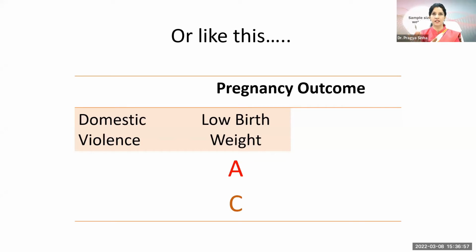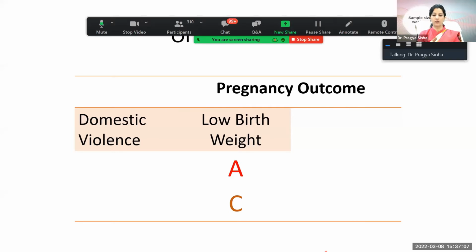And if he is again giving low birth weight as C, like he has taken only the case part of this case control, you can see he is only giving the detail about A and C, meaning he is telling low birth weight in ladies who underwent domestic violence and low birth weight in ladies who did not experience domestic violence. Then also it is a case series, because in both these cases you cannot calculate risk.